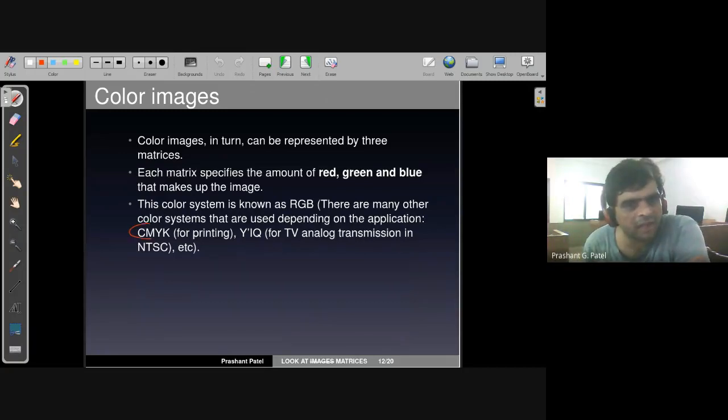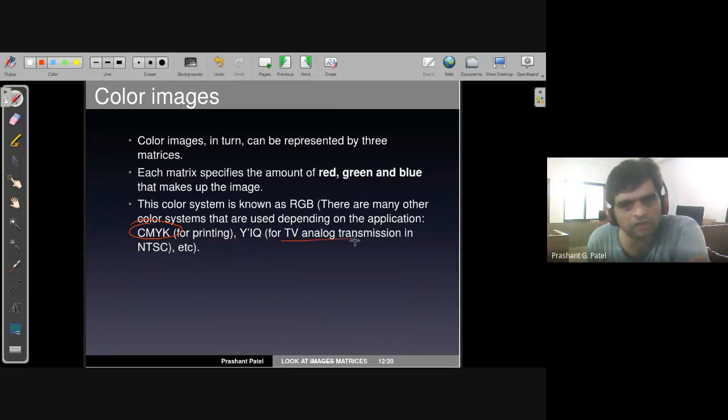For example, CMYK is for printing. In any color printer, you only need to refill 4 colors, and using those four colors, every other color will be established. So in the printing machine, a 4-layer system is there.